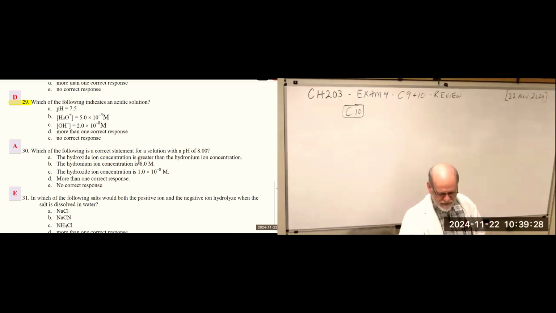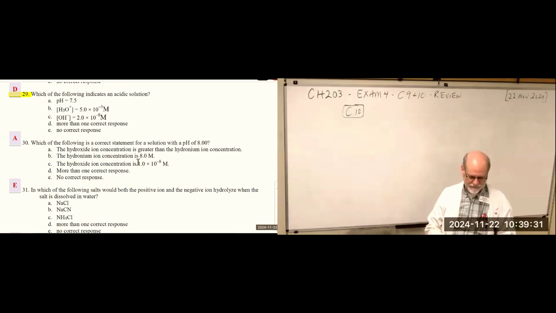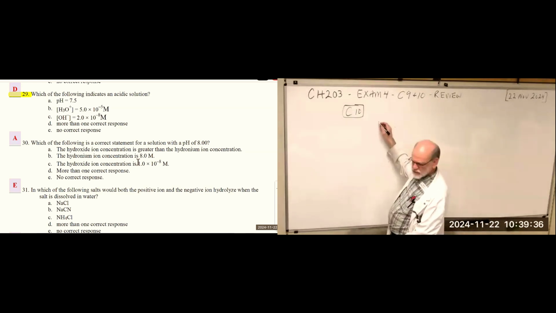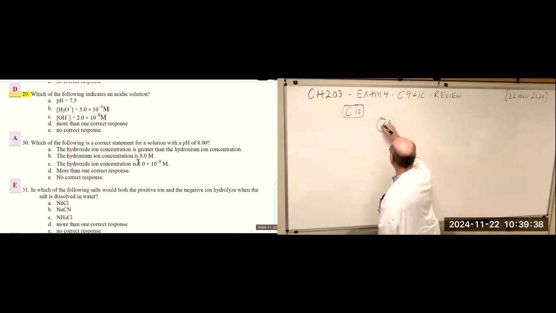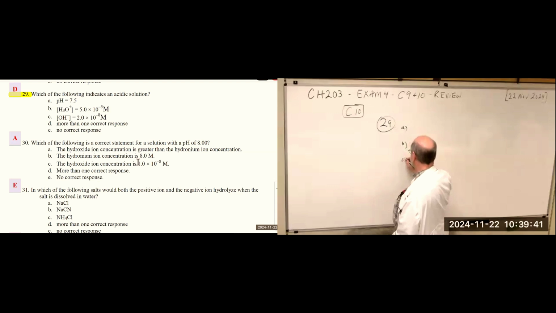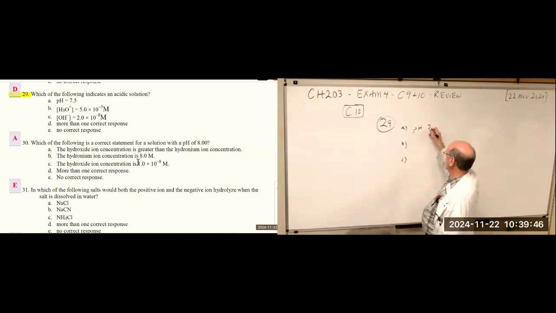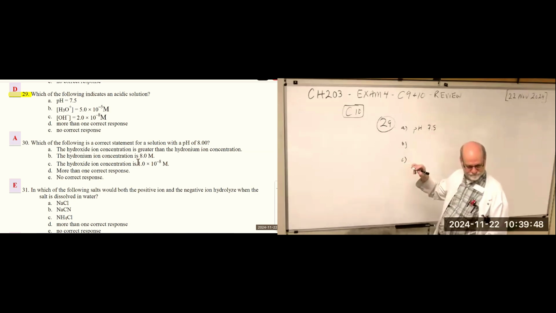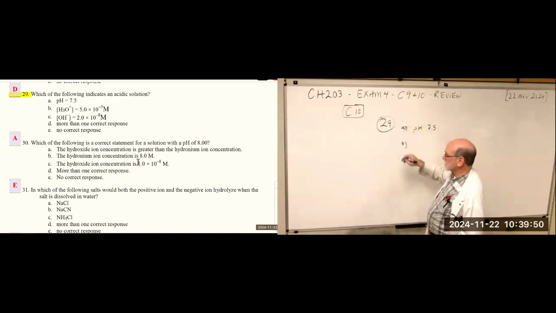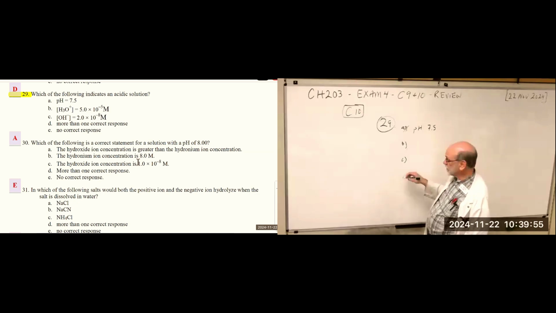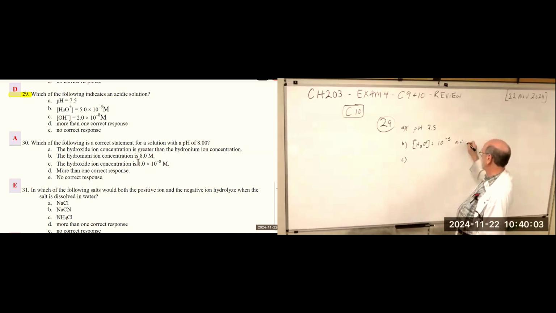Let's see, which of the following indicates an acidic solution? All right. A, B, and C, and then, let's see, this is 29. A says pH 7.5. Nope, that's basic. And let's see, B, hydronium ion of 10 to the minus fifth. Oh, yeah. That's acidic.